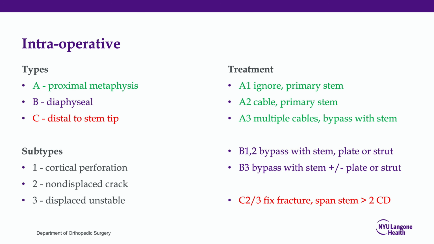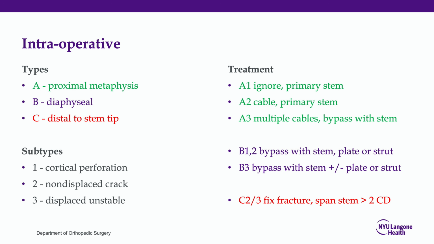Your A2, these are the most common, the proximal metaphyseal little calcar splits, non-displaced crack. This really just needs one cable proximal to the lesser trochanter. If there's not enough bone there, you can certainly place a cable distal to the lesser trochanter, and there are those who will place one above and one below, but studies show that that's not necessary if it's truly a non-displaced crack.